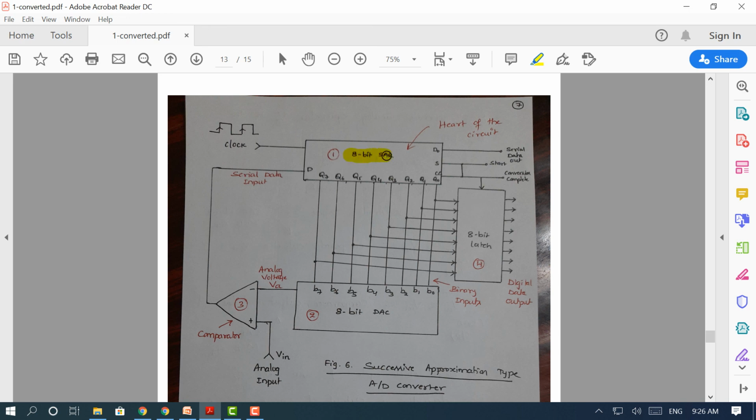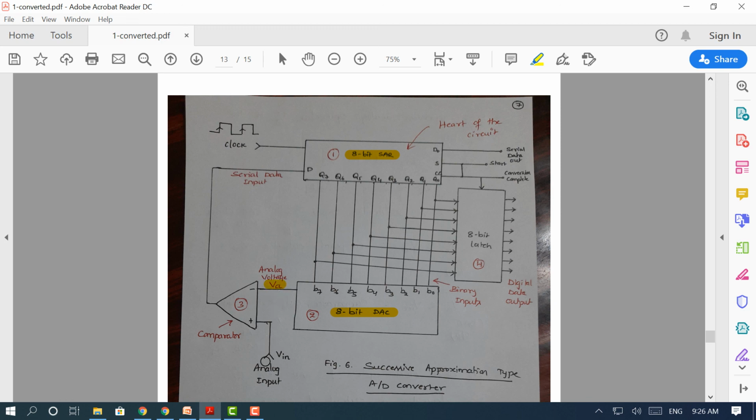Here we have an 8-bit successive approximation register. The second block is going to be the DAC. Since we have an 8-bit SAR, we are supposed to use an 8-bit digital to analog converter. So we give digital data from B0 to B7. This digital data is converted to an analog value. The output of the 8-bit DAC is labeled as VA.